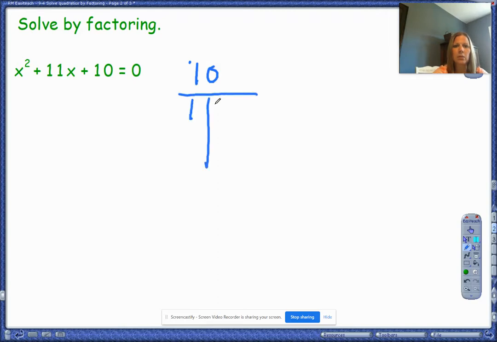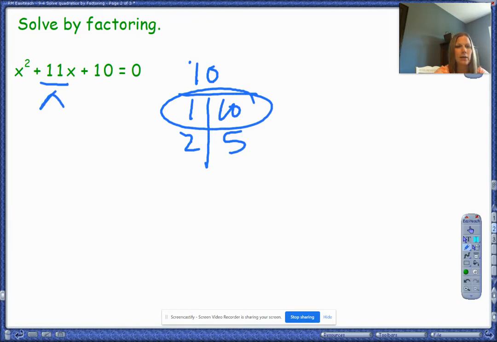My factors of 10 are 1 and 10, 2 and 5. So which factors multiply to 10 and add to 11, my b value? So 1 and 10. I rewrite my middle term using those two factors. So x squared plus 1x plus 10x plus 10.